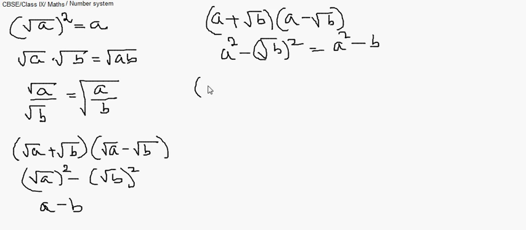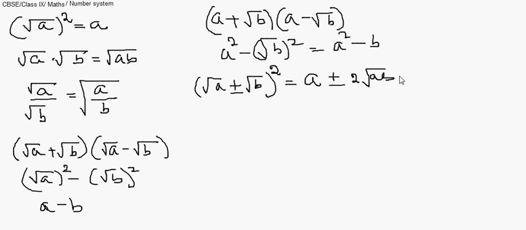In case we have root a plus root b, or root a minus root b whole square, it will be a square, that makes it a, because root a square is a, plus minus 2 root ab. Now root a root b can be represented as root ab plus root b square, that makes it b.